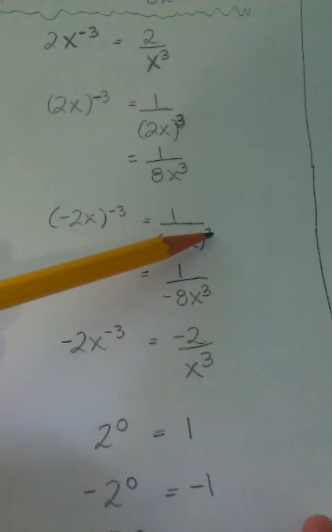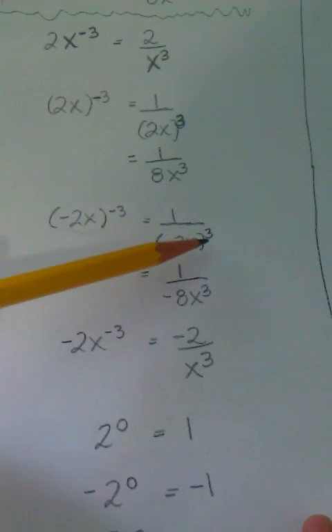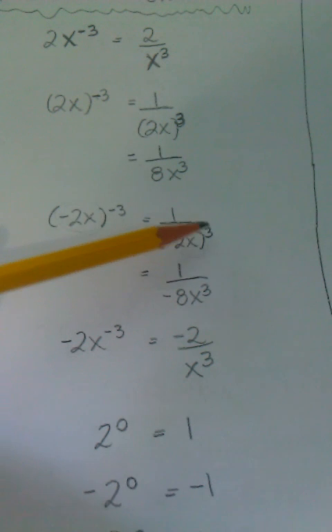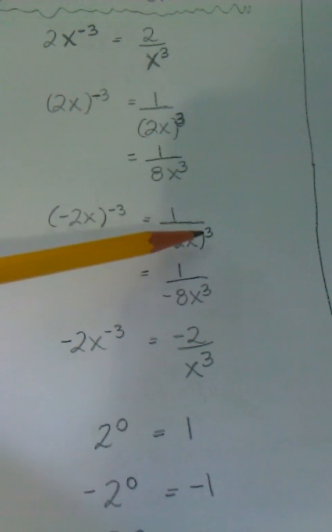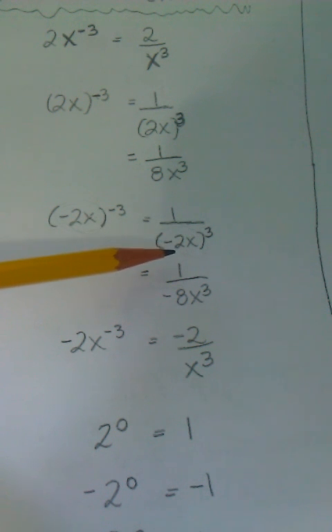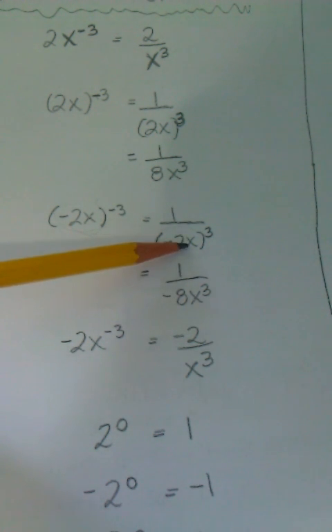It's going to all be raised to the third power. I get rid of the negative because I put it down in the denominator. I flipped it. But now I need to take what's in the denominator and raise it to the third power. And I remember negative 2 times negative 2 times negative 2 gives me a negative 8. And then the x becomes cubed also.